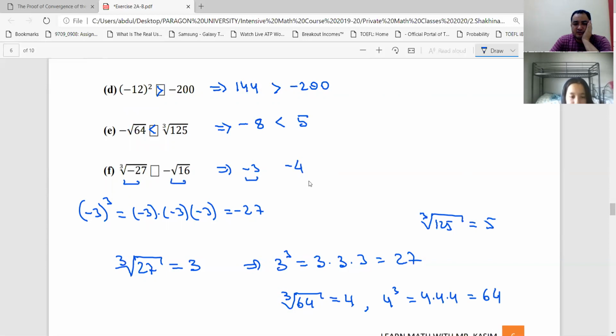This thing equals negative 4. So tell me, which one should I put? Is it greater than or less than? Negative 3 is greater than negative 4. So that's why the cube root of negative 27 is greater than minus the square root of 16. Okay? Good.